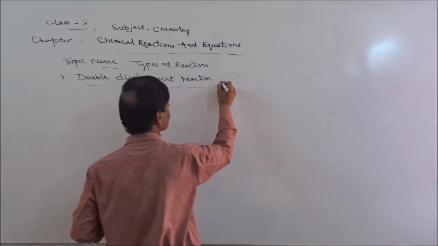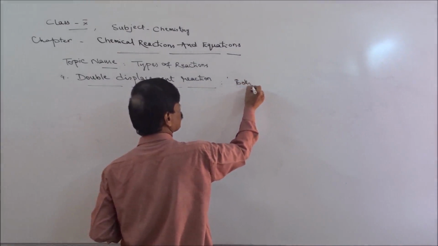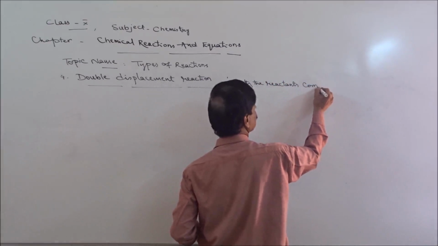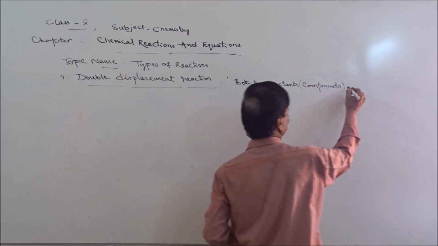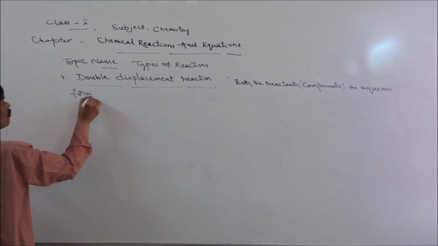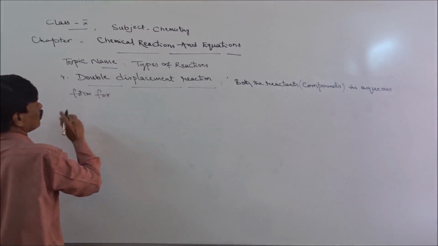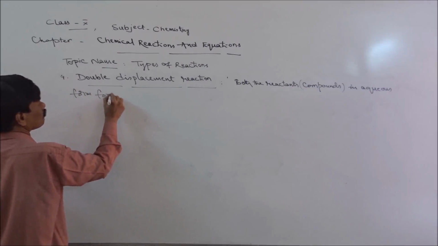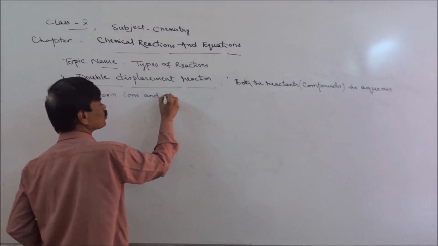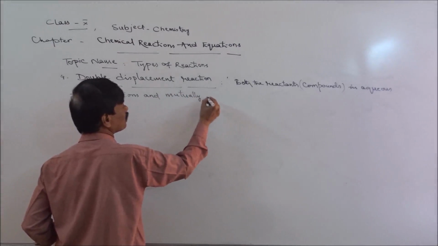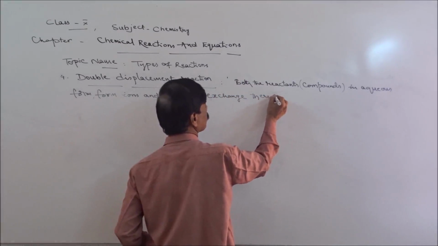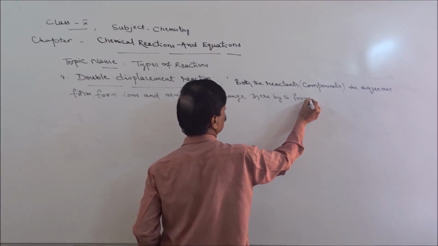So in short, it can be written like this: both the reactants, in brackets compounds, in aqueous form or aqueous state, ions, and mutually exchange, thereby to form new compounds.